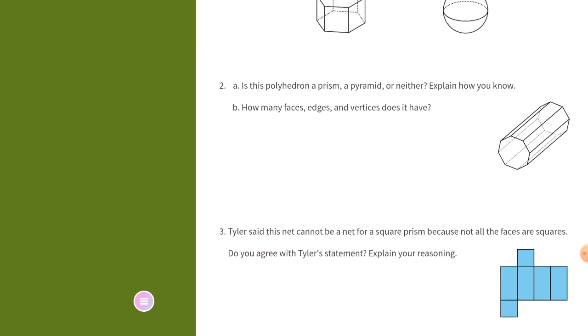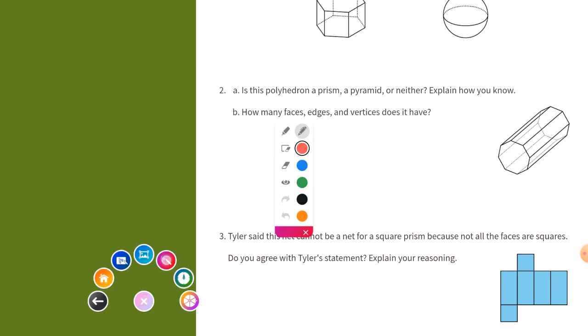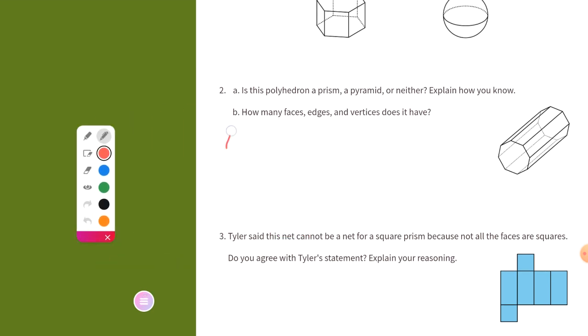Okay, number 2. Is the polyhedron a prism, pyramid, or neither? Elise? It is a prism because it has rectangular faces. Okay, I'm not going to say the shape of the bases, but you are correct with a prism.